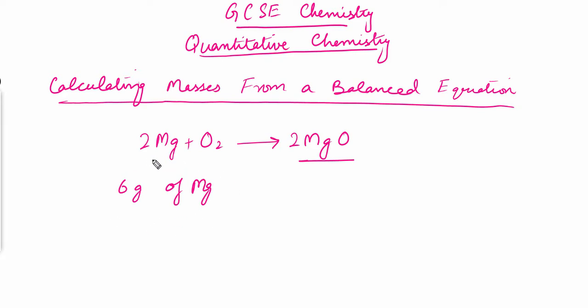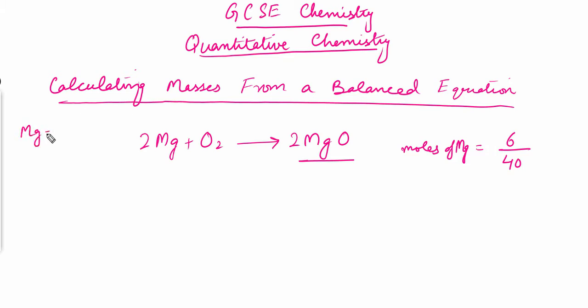For this purpose, first of all we have to work out the number of moles of magnesium that has been burned. Because it's 6 gram of magnesium, the moles of magnesium will be equal to 6 gram over 40 gram, because 40 gram is the molar mass of magnesium.